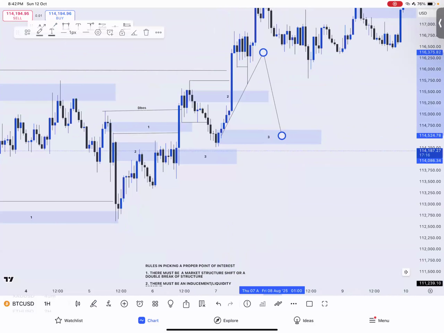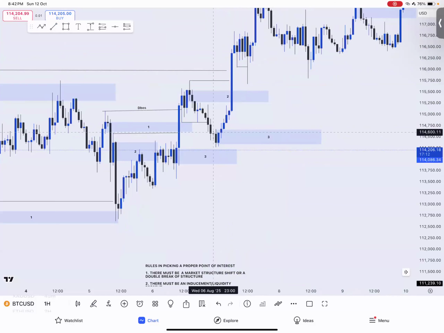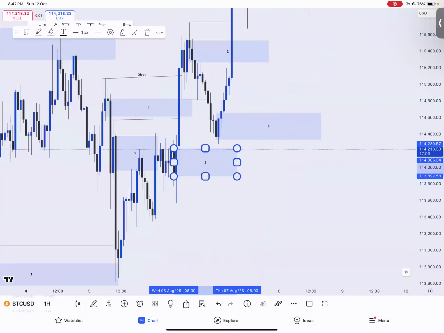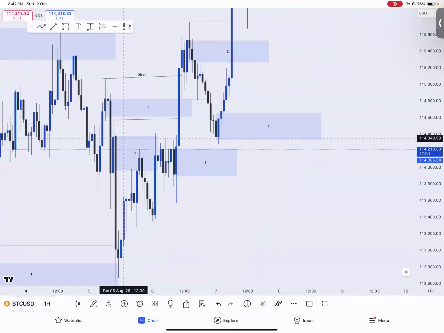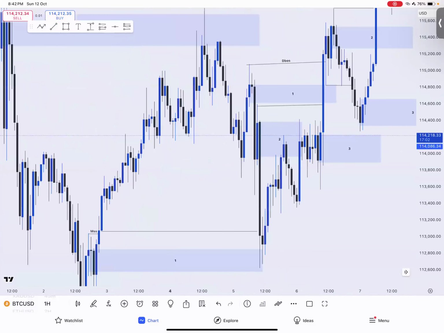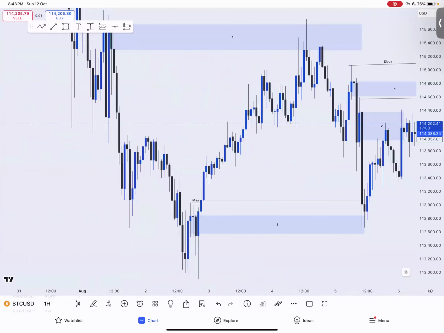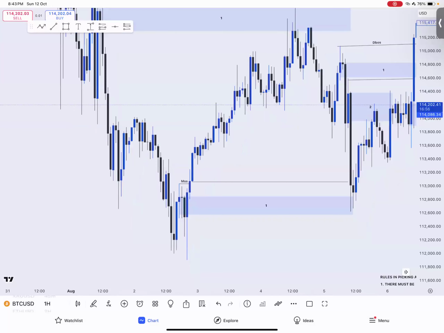But because the candle wicked the point of interest before pushing up does not mean it's been mitigated, because this happened before market gave us our double break of structure. The same way this one happened before market gave us our double break of structure. So it is still unmitigated. So mitigation means that it needs to happen after the market structure shift or after the double break of structure.